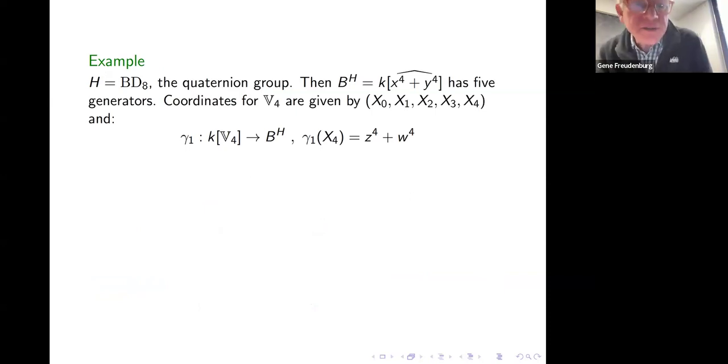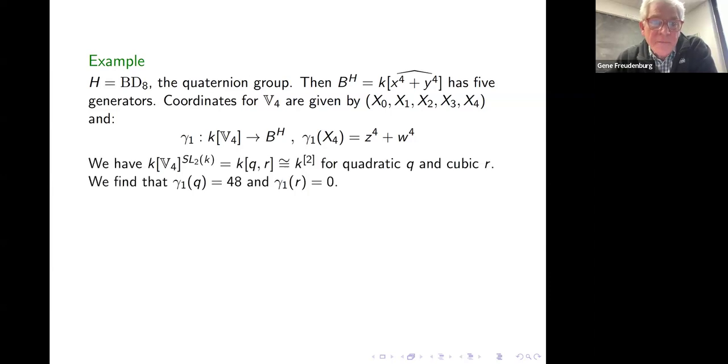I want to look next at the quaternion group of 8 elements, BD8. Then according to the theorem, that coordinate ring is generated by these 5 elements. So I want to take coordinates for V4 and X's, and then the map is given in this way. So again, I want to look at the ring of invariants on the left-hand side of that picture, and it's well known.